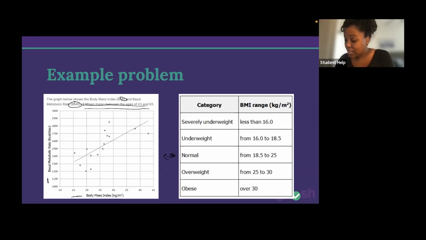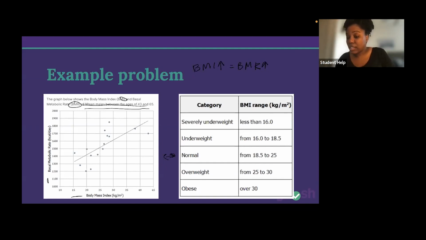So I see there's a trend, and I notice as in general, right? Not all the way, but I notice as BMI goes up, so does BMR, right? So there seems to be a one-for-one, not one-for-one, but like a stacking relationship between the two.